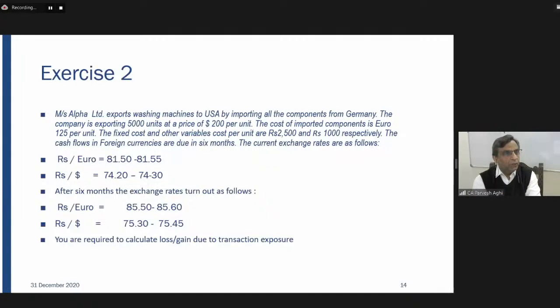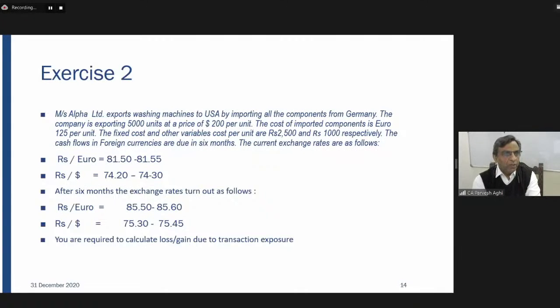Because you're going to go to the bank and convert your foreign currency into Indian rupees, and since you are exporting washing machines to USA, you will get the money in dollars. So you approach the bank and convert your money. You're going to sell your currency, so you look at the bid rate of the bank.